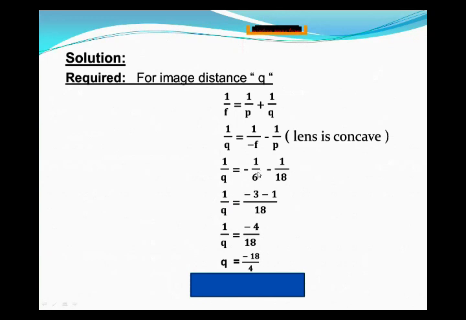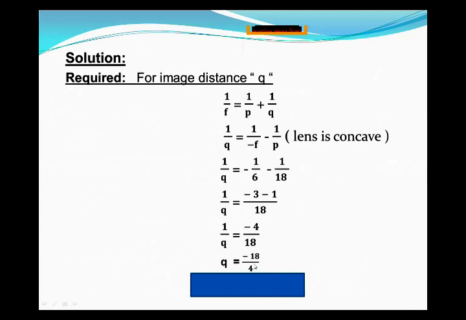So 6 threes are 18, and here 1 three is 3. So we got minus 3 minus 1 over 18. Here 18 is similar to 18, so we will keep it as it is. After that, we will add minus 3 with minus 1, so we get minus 4, because both are negative. According to mathematics, minus minus is plus, so we are adding 3 and 1 to get 4, but we will write a minus sign because both have the minus sign.